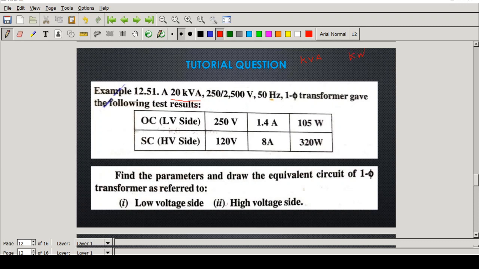Now the voltage rating of the transformer is given, that is V1 is 250 and V2 is 2500, which means the secondary is high voltage. That is very important. The secondary side is high voltage. So we are doing the short circuit test on the high voltage side, right? So whatever values we are getting for resistance and reactance will be that of the secondary.